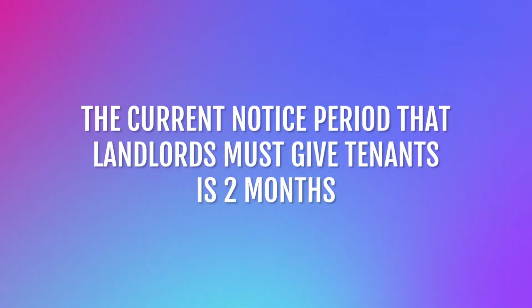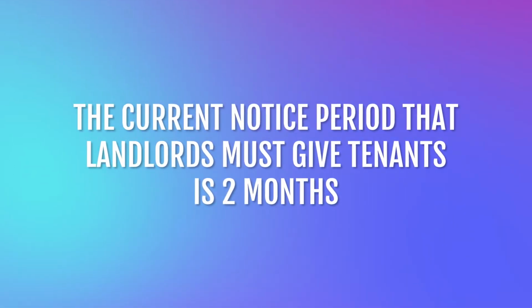Another key change brought about by the Deregulation Act was that about time. The current notice period that landlords need to give tenants is 2 months. Spencer v Taylor removed the need for a Section 21 notice to be served in line with a rental due date.